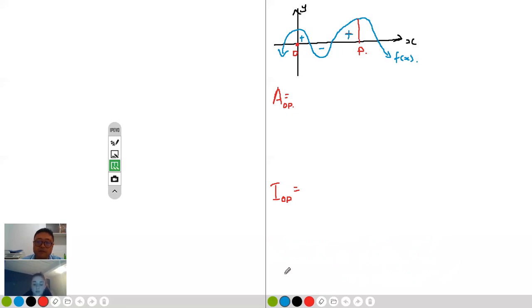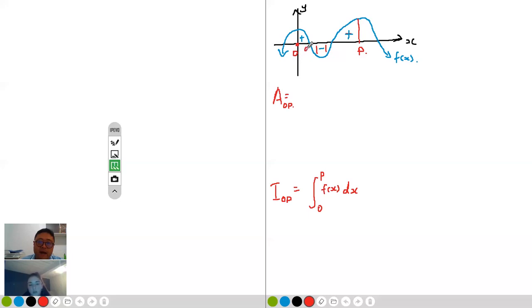So the integral can just be written like this, and that'll just give you the overall integral. Does that make sense? But if we were to find the area, then this bit here, we actually have to find the absolute value when we're finding the area.